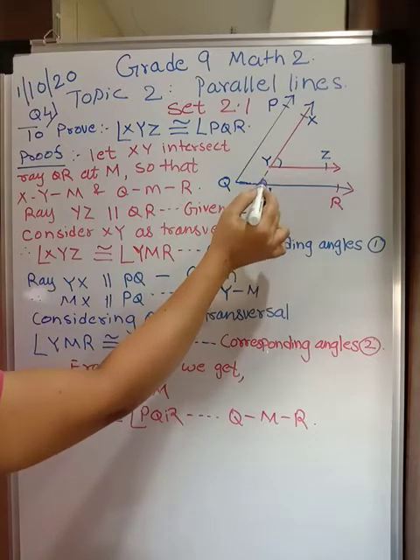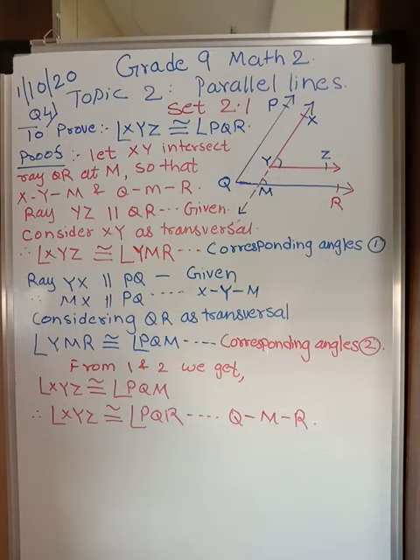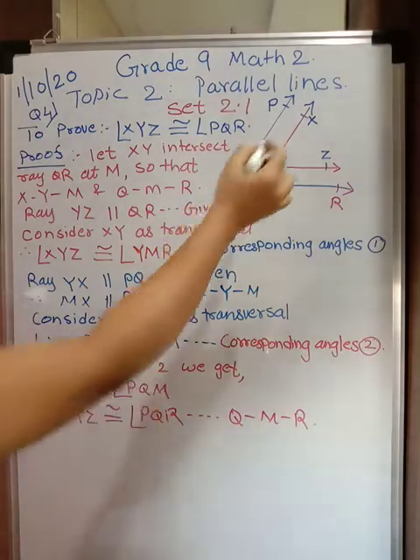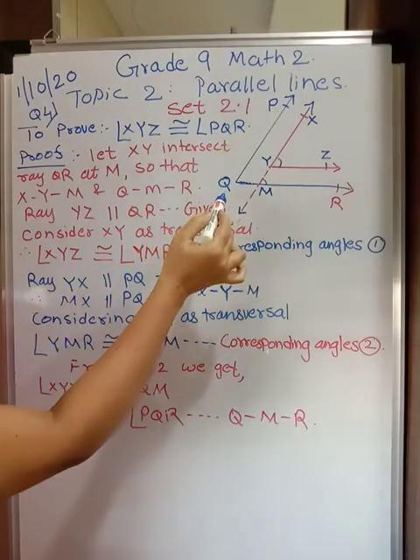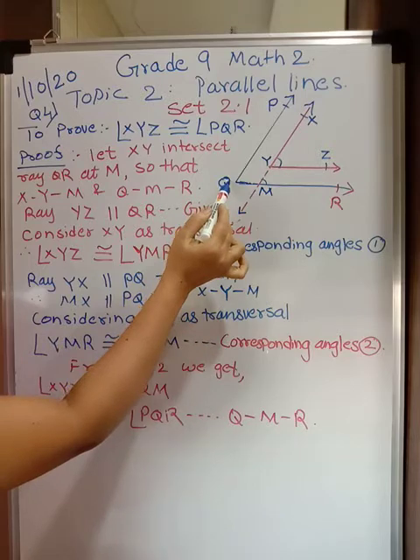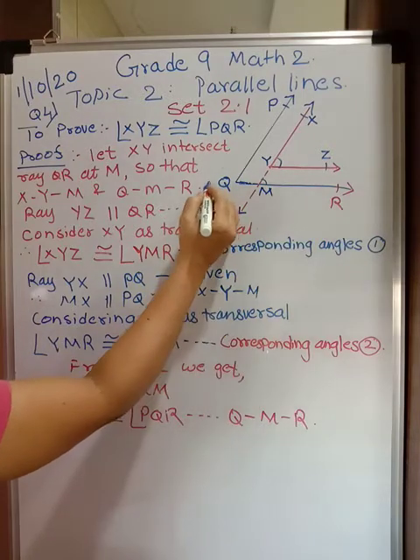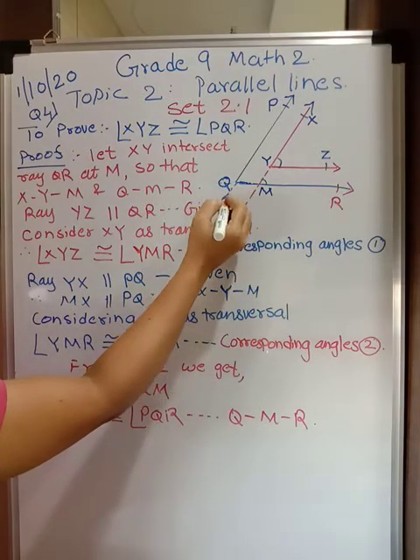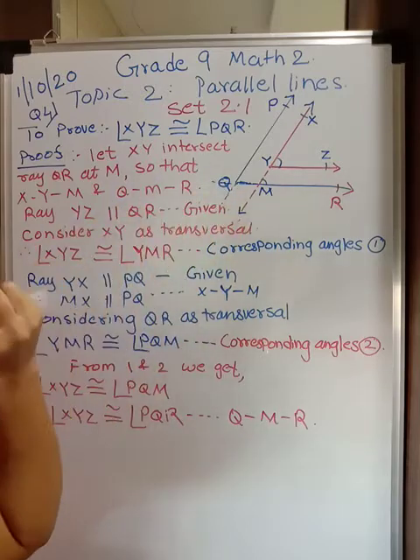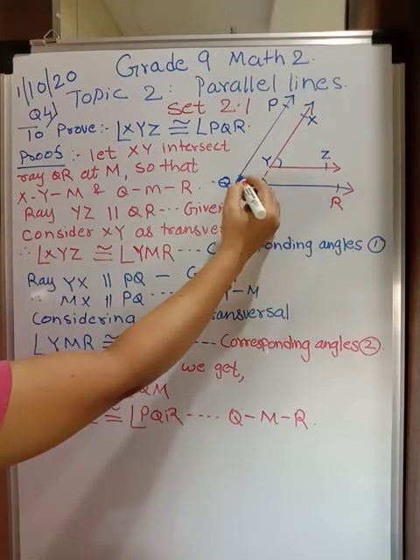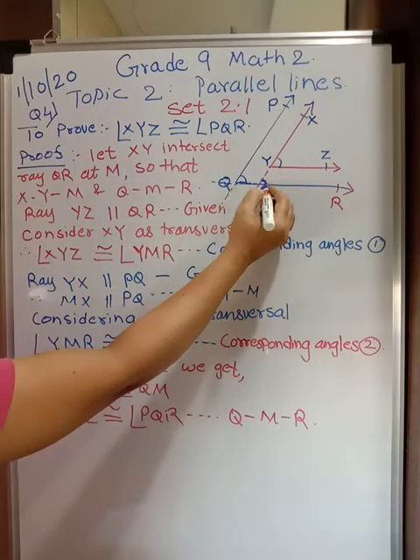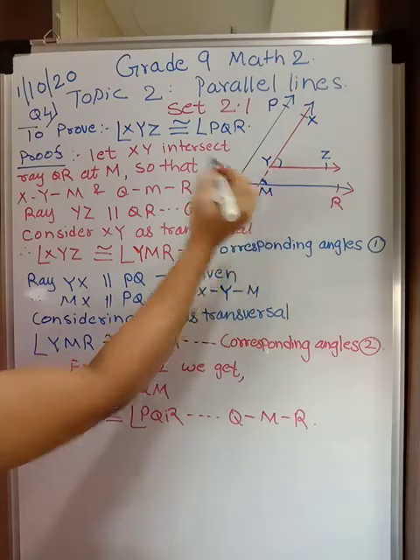Can you see these two are corresponding angles? Okay, now let's stop over here. Now, let us consider XY is parallel to PQ, and let us consider this as transversal. So if I extend this like this over here, you can imagine. In this case, this angle will be equal to this angle because these two are again corresponding angles.